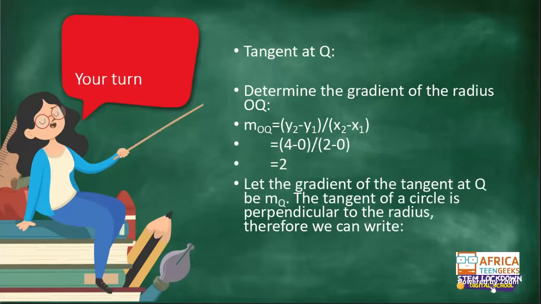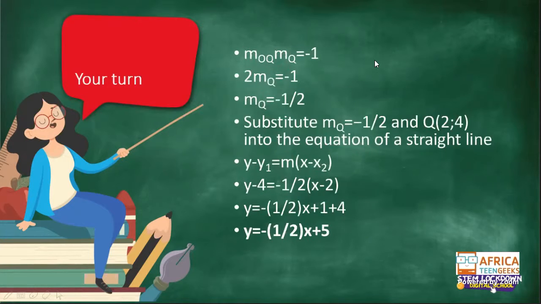And you also do the same formula. MOQ times MQ should be equal to -1. Therefore, your MQ is equal to -half, and that's the gradient.